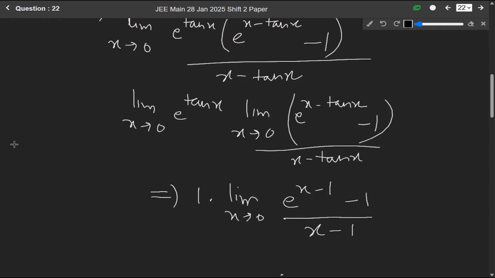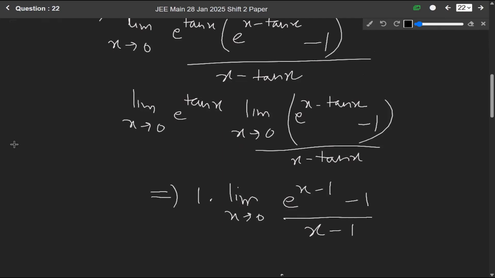Wait a minute, we have e^(tan 0), and e^0 is 1 eventually.